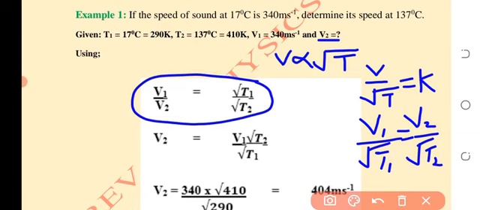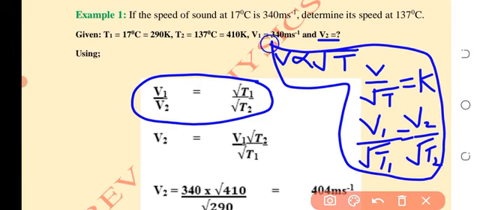So this equation we are seeing here is coming from this derivation here. Now this will be very, very useful for us in solving problems. As we are looking at the screen here, this question is a past UTME question.